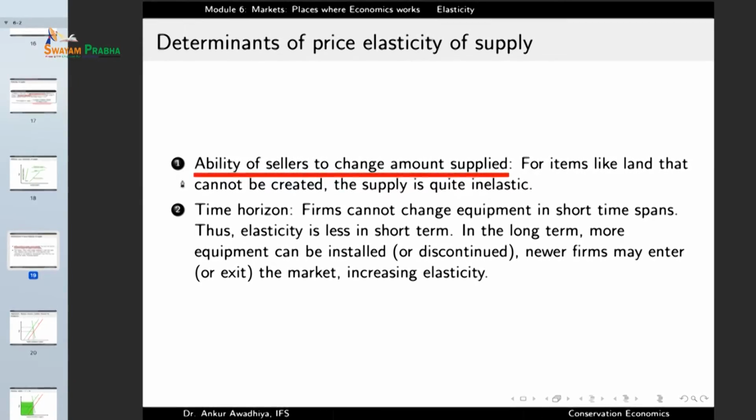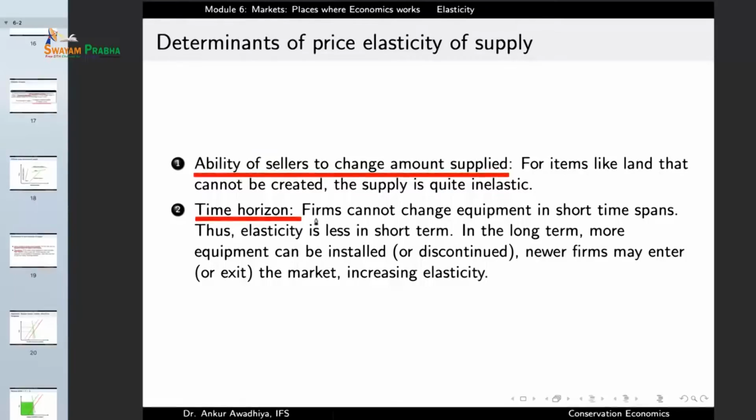It is also governed by the time horizon, because even in the case of those items for which the sellers can change the amount supplied, this change in supply cannot be done at a moment's notice. It will take some time. So, for instance, in the case of ice creams, if the price changes, the seller would want to manufacture more ice creams and supply them to the market.